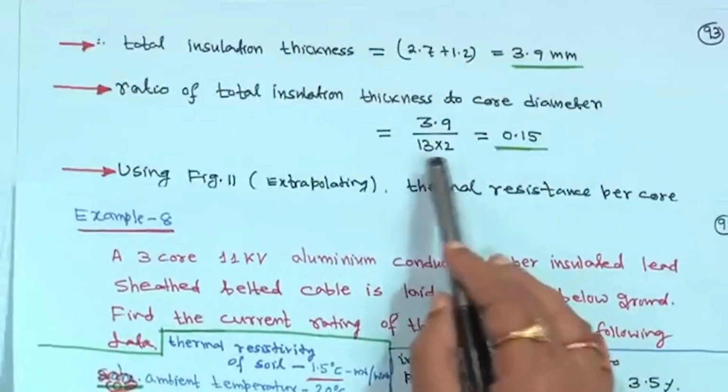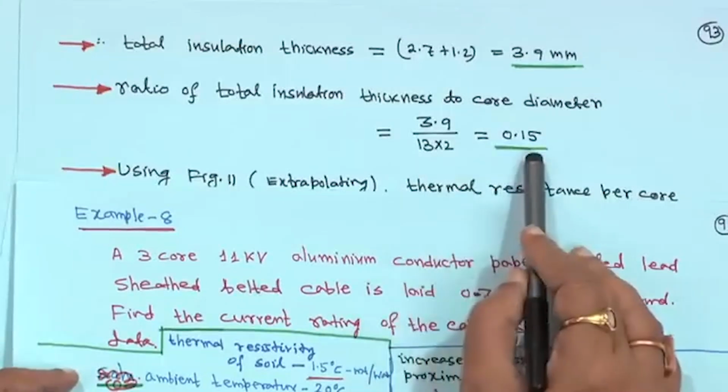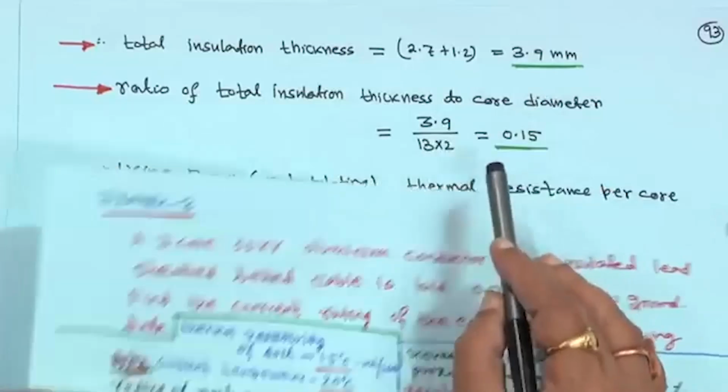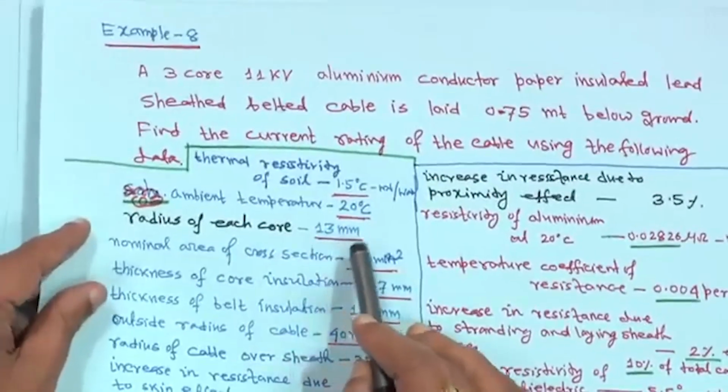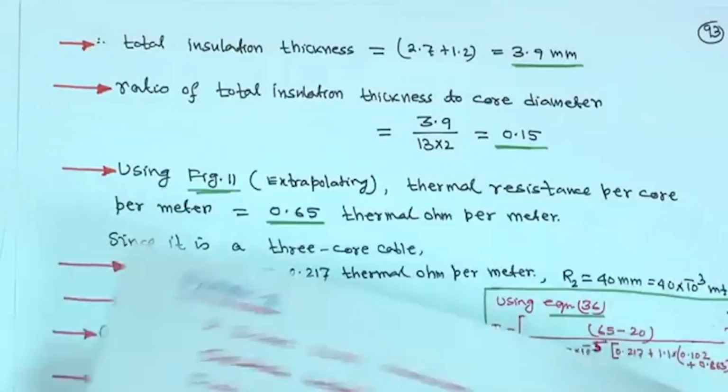Because this is in millimeter and this is in millimeter, the ratio will be dimensionless. So the total insulation thickness is 3.9 millimeter and the radius of each core is 13 millimeter, so the diameter is 13 into 2, and the ratio is 0.15.